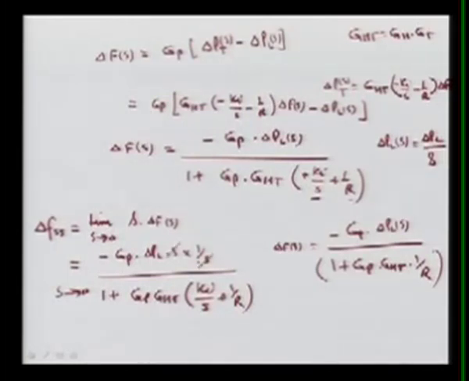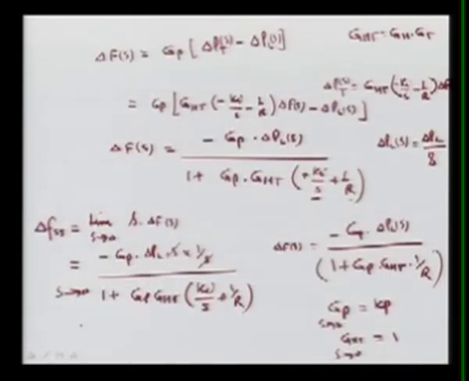Now what will happen if you put S tends to 0? Here we are getting Kp, since 1 over St means only Kp. This is a constant, here it is 1. Gp at S tends to 0 is your Kp. Your GST at S tends to 0, the limiting value, will be unity. And here if S is equal to 0, this is infinite.